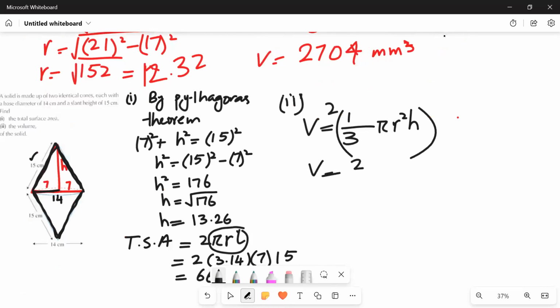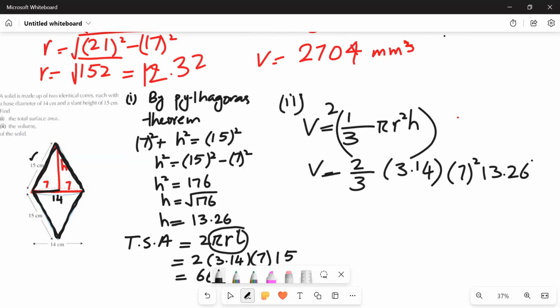So it is 2 over 3, 3.14, and r is 7 square, and height is 13.26. Now calculate this. What is the answer? We have to multiply all the numerators and at the end divide by 3.